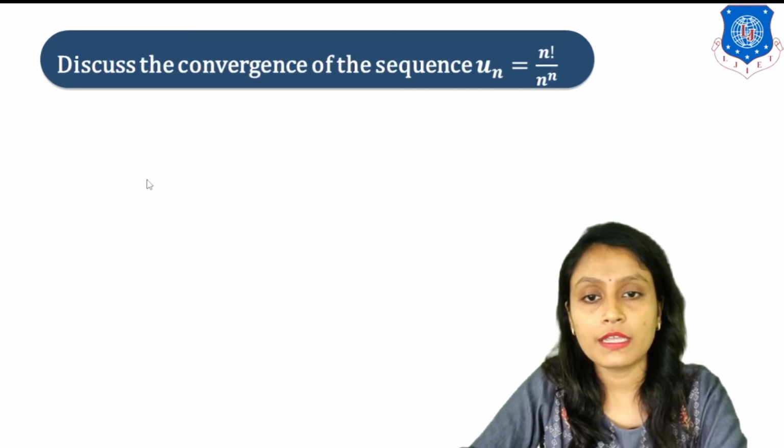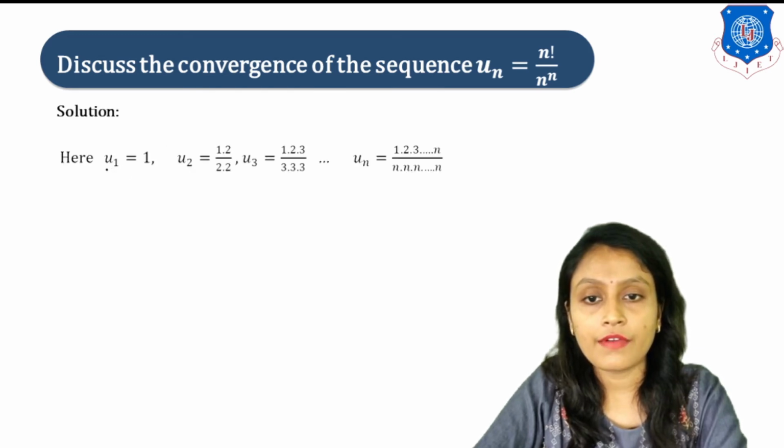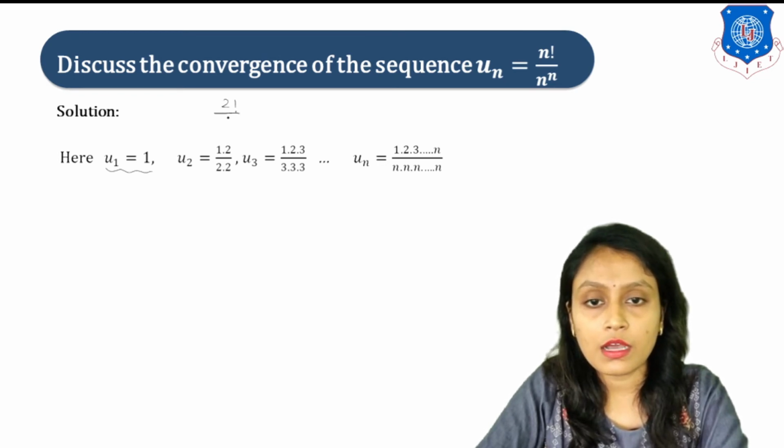Now let's begin with the example. Discuss the convergence of the sequence un equals n factorial upon n raised to n. Let's begin with the solution. Firstly, find u1. In place of n just substitute 1, so you will get u1 equal to 1. Then u2, that is 2 factorial upon 2 square. 2 factorial you can write as 1 into 2, upon 2 square, which you can write as 2 into 2.